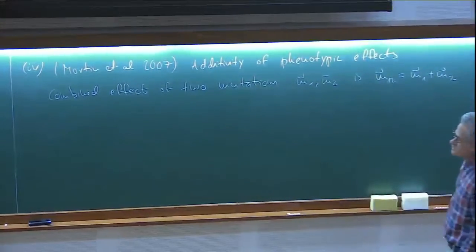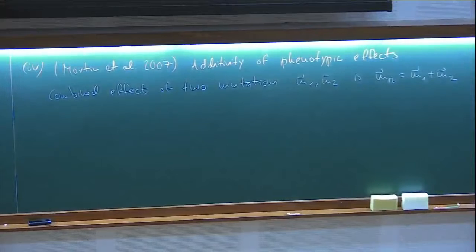Which means that you add all the components separately, and that gives rise to the kind of picture that I showed you yesterday, where you have these arrows in this plane, and you can see how epistasis and sign epistasis proceeds.